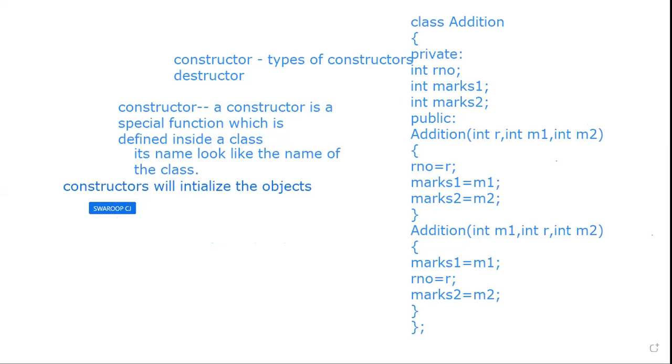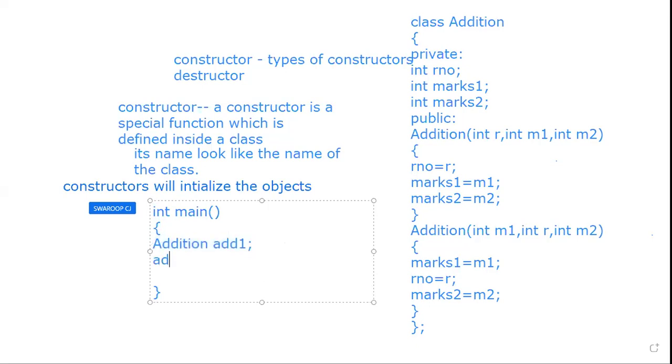Clear? So what I'm doing here, I'm creating one object here. I'm creating the main. In that one, I have to call the constructor. Before the constructor calling, I have to create the objects. What is the class name? Addition is the class name. I will say add one is the object. Whenever you create the object, automatically the constructor will be invoked and the values will be assigned.